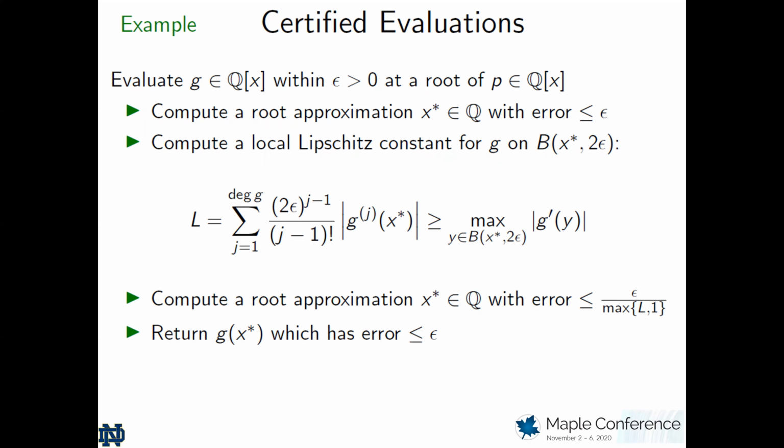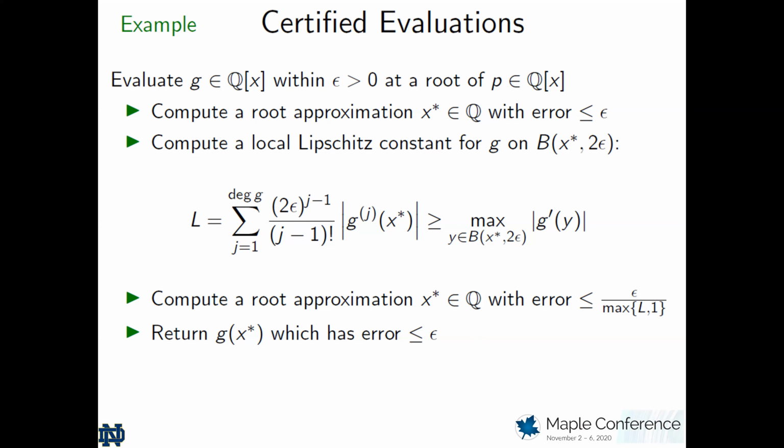So for example, let's illustrate this for polynomials. Suppose I want to evaluate a polynomial with a posteriori known epsilon bound at a root. So what is our algorithm to do this? Well, we first compute a root approximation with this error epsilon, just to have some context of where we're looking.